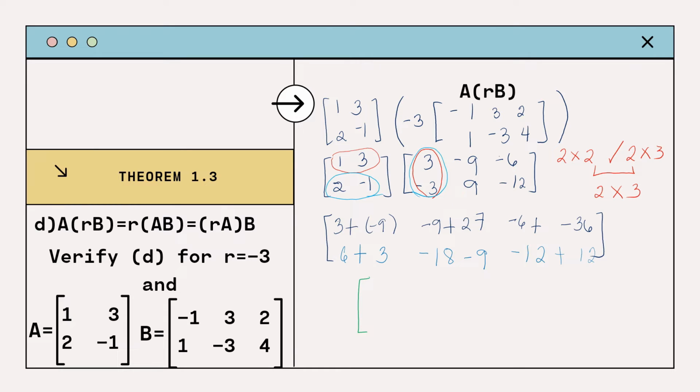Solving it further, we will get 3 plus -9 is -6, 18, -42, 9, -27, and 0. So remember, we got -6, 18, -42, 9, -27, and 0. Now, let us go to our next equation, and the result should be the same.